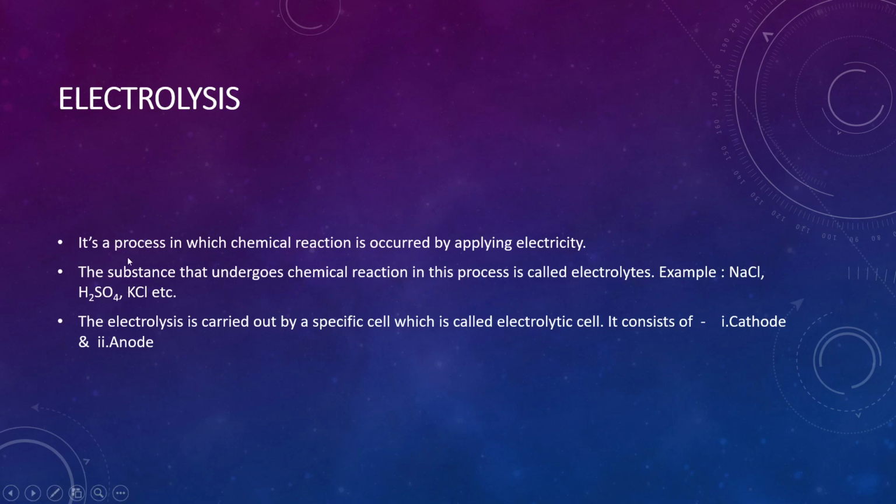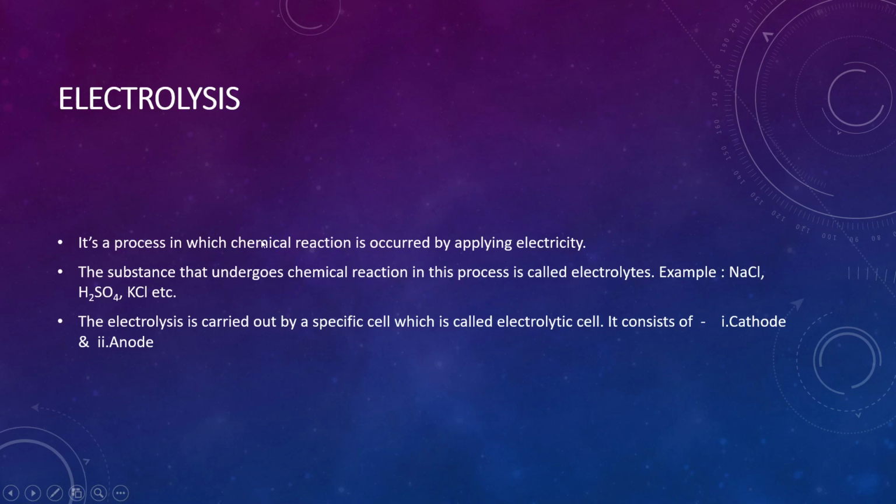Electrolysis is a process in which a chemical reaction occurs by applying electricity. It only occurs when we apply electricity, and by applying electricity we'll observe a chemical reaction happening. So it's a special type of reaction.